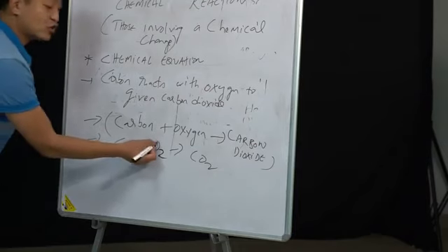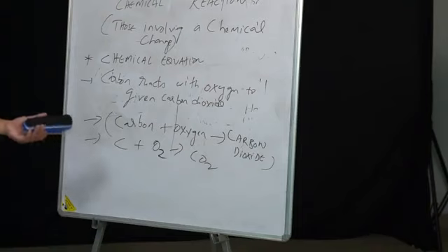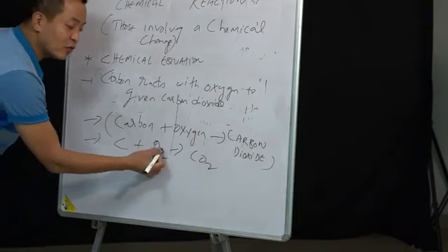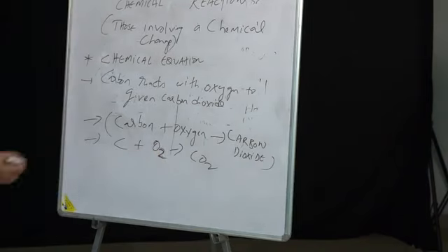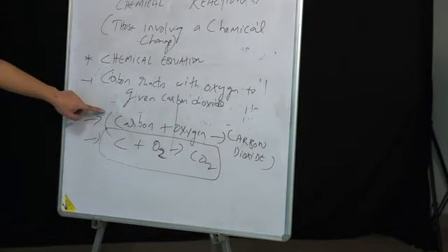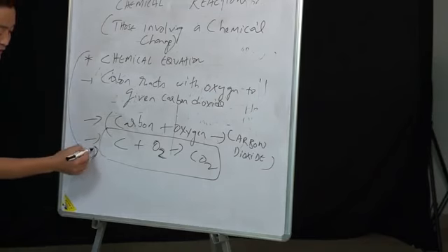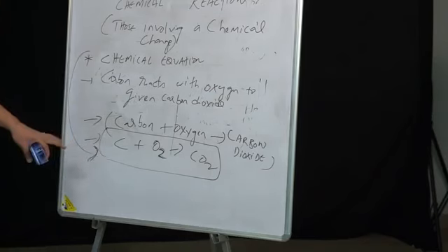Because oxygen is a non-metal, it's a gas, and it is not stable. So to make it more stable, it needs a backup, so you always have to write O2. Clear? This is an example of a chemical equation, and the other one is an example of the word equation.